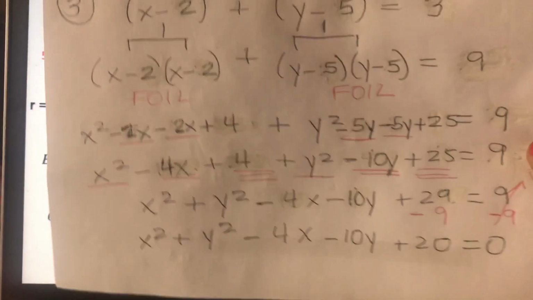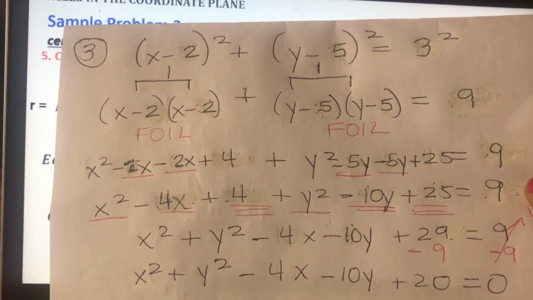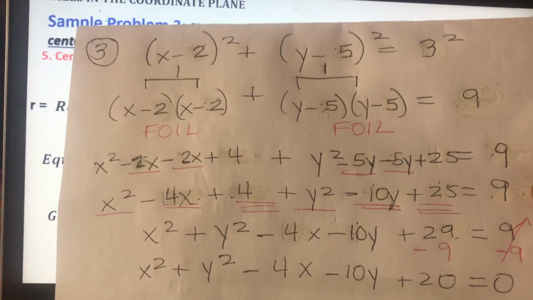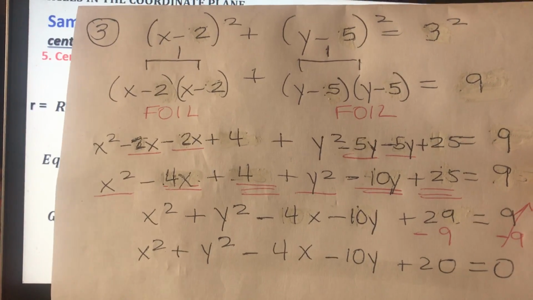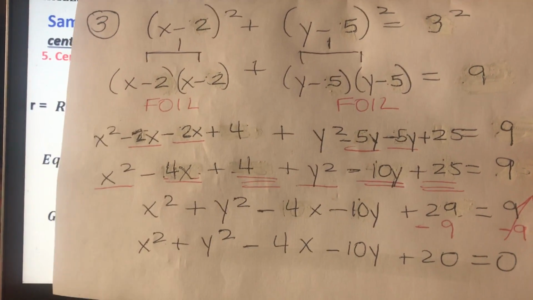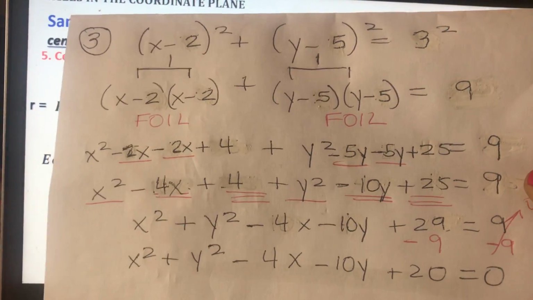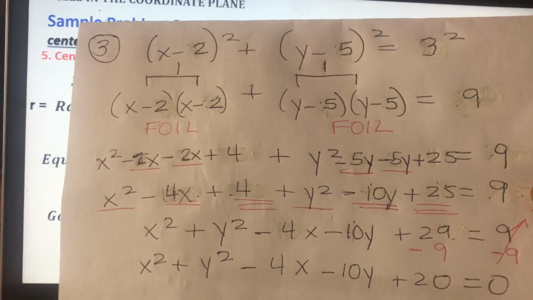We have (x minus 2) squared is (x minus 2) times (x minus 2). (y minus 5) squared is (y minus 5) times (y minus 5). We use our FOIL method, and we get x squared minus 4x plus 4, and y squared minus 10y plus 25, and that's equal to 9.